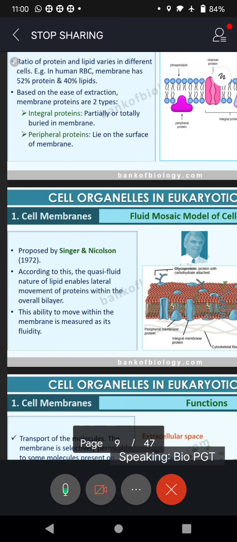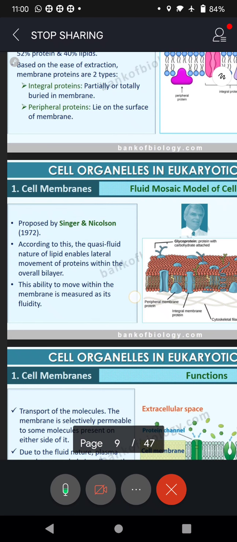Fluid mosaic model. It is proposed by Singer and Nicholson. According to this, the quasi-fluid nature of lipid enables lateral movement of proteins within the overall bilayer. That means there will be two layers of fat, and the proteins will be floating just like in a swimming pool.